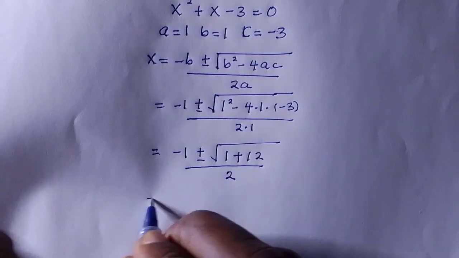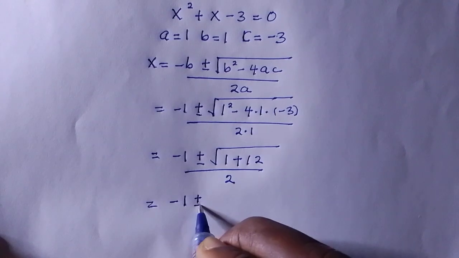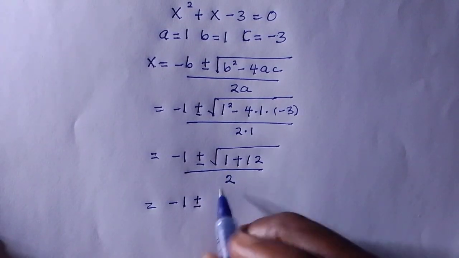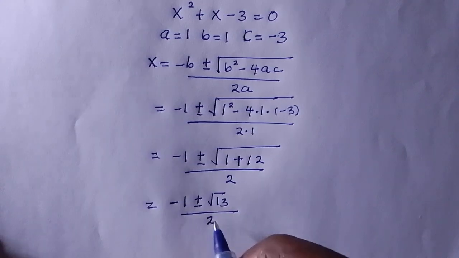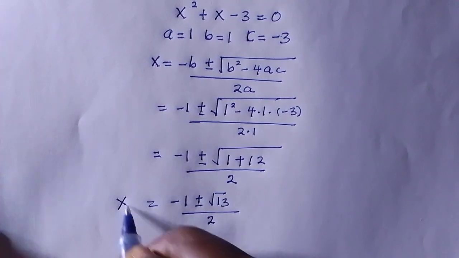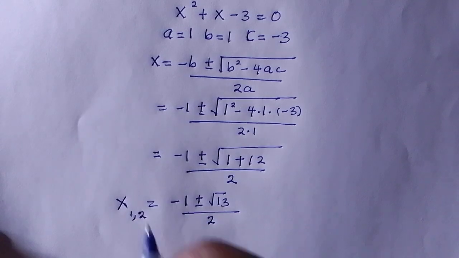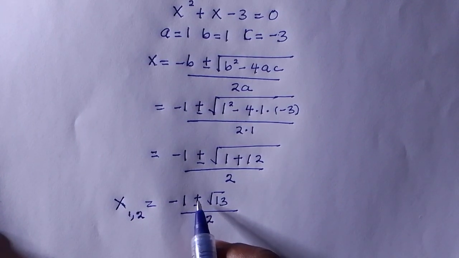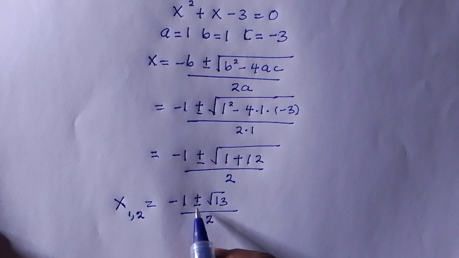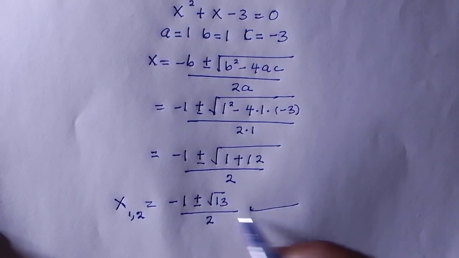Next we have (-1 ± the square root of 13) divided by 2. Here is the value of x, and we consider this as x1, x2, because there are two signs, plus and minus. These are real numbers, because we have to consider the complex numbers as well.